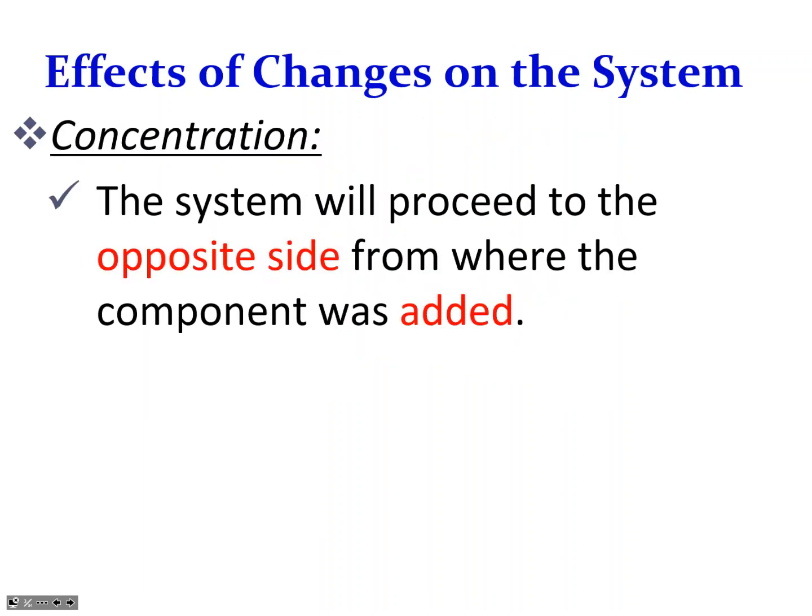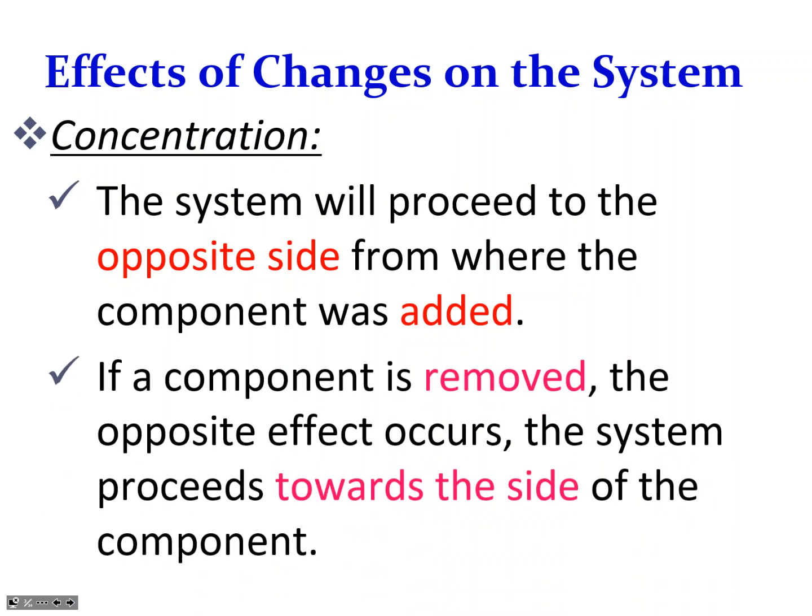All right, so concentration, these are general terms. If you add to one side, it's going to go to the opposite side, basically. So if you add to the reactants, it's going to proceed to the products. If you add to the products, it's going to proceed towards the reactants.